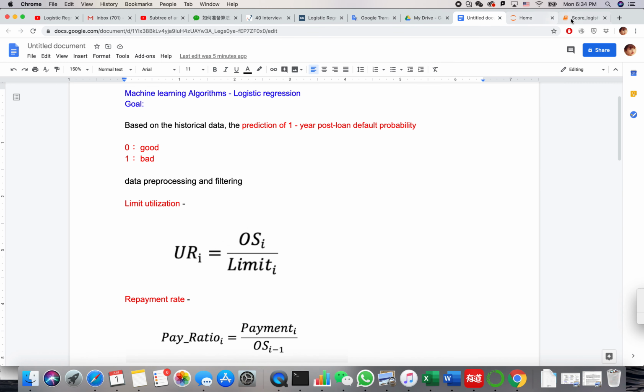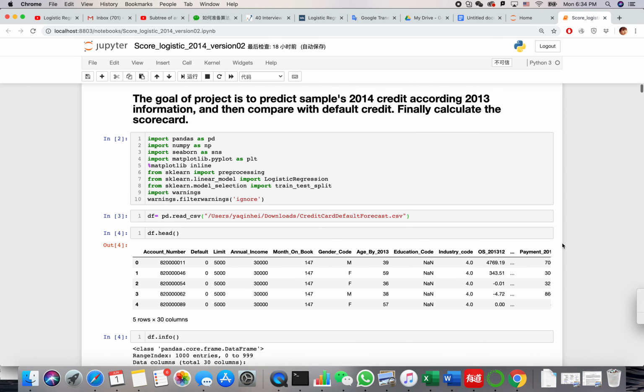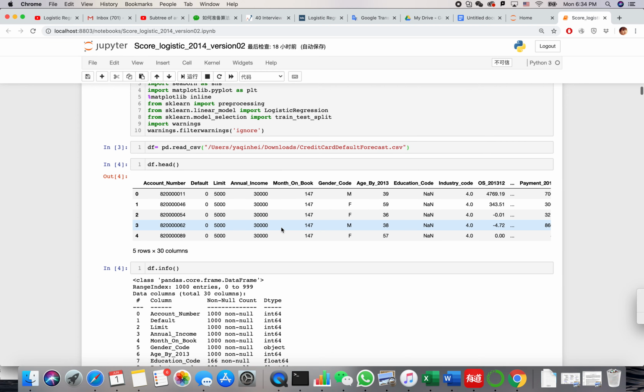So let's see. In order to use logistic regression, we need to use this ancillary package. So we first import all of the packages that we need, and then we read our data.